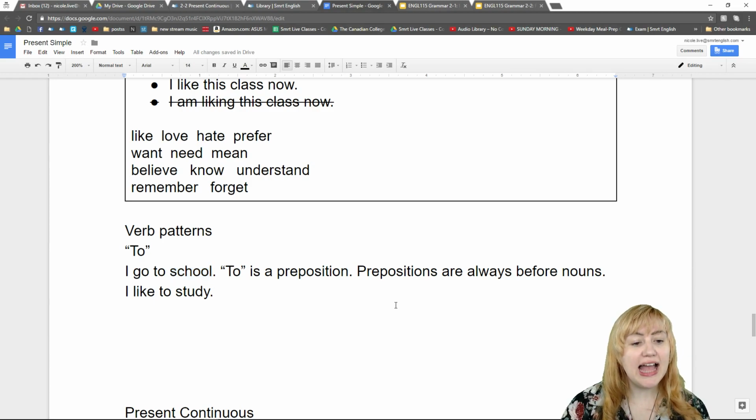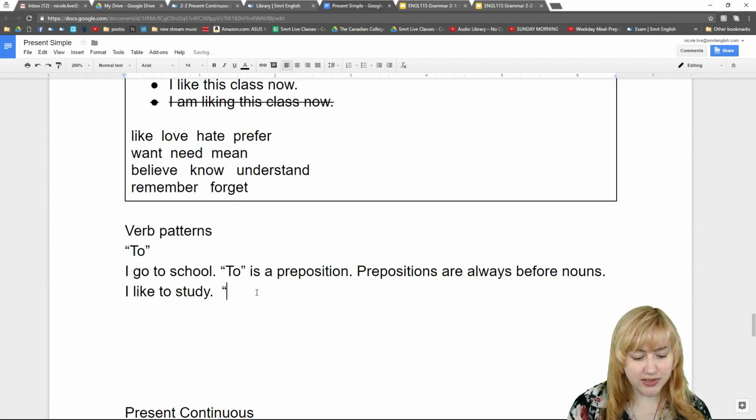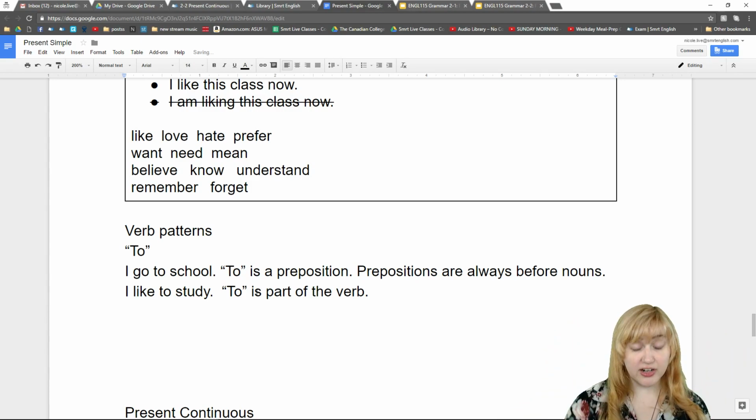Okay. I like to study. Study is not a noun. Study is an infinitive verb. So to here, it's not a preposition. Here, to is part of the verb. The verb together is called a to infinitive.